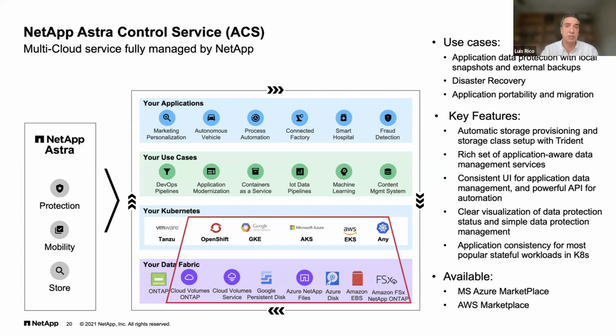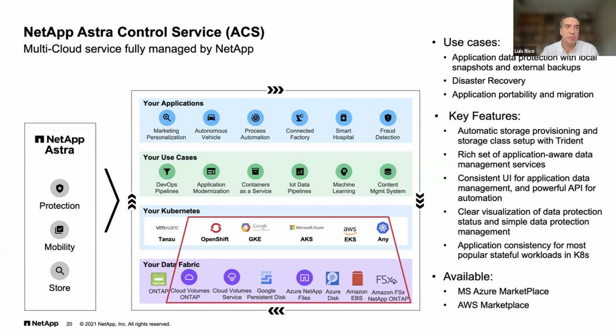Since the latest release, we have a connector that lets us protect clusters that are in a private network in the public cloud or on-premise. So with this solution, we are also able to support the managed Kubernetes services from the hyperscalers.